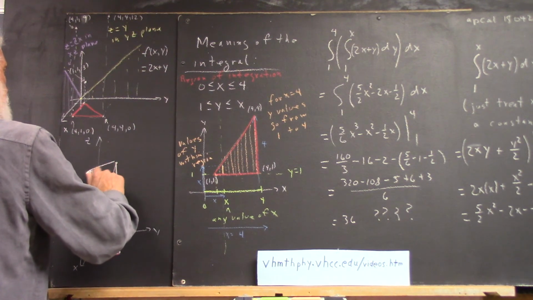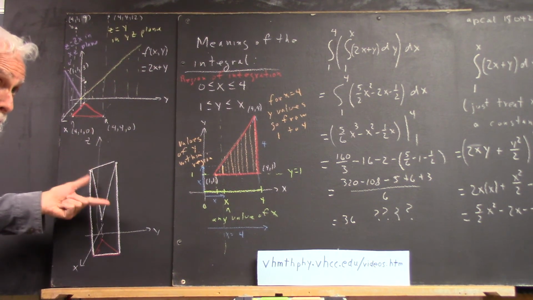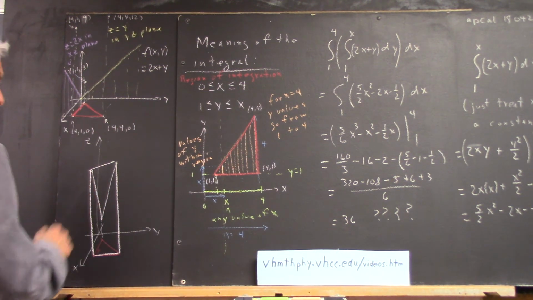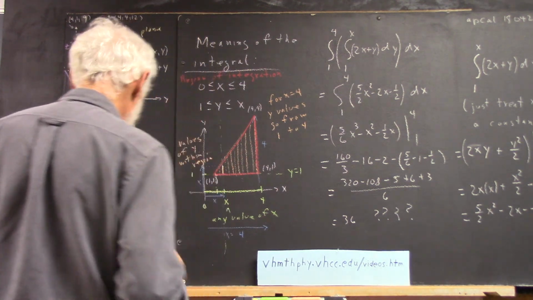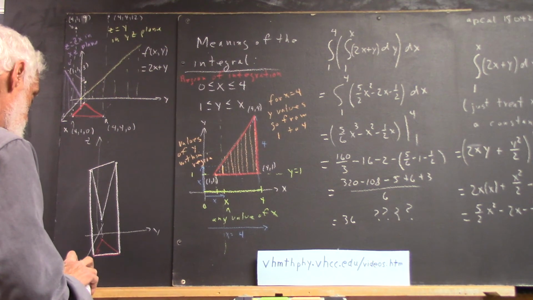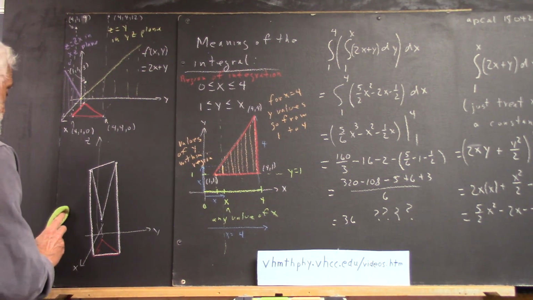Where this is the front face, and these lines will be dotted because they're not visible because of this being in front. Chalk tends to smear. Let's see what I can do.